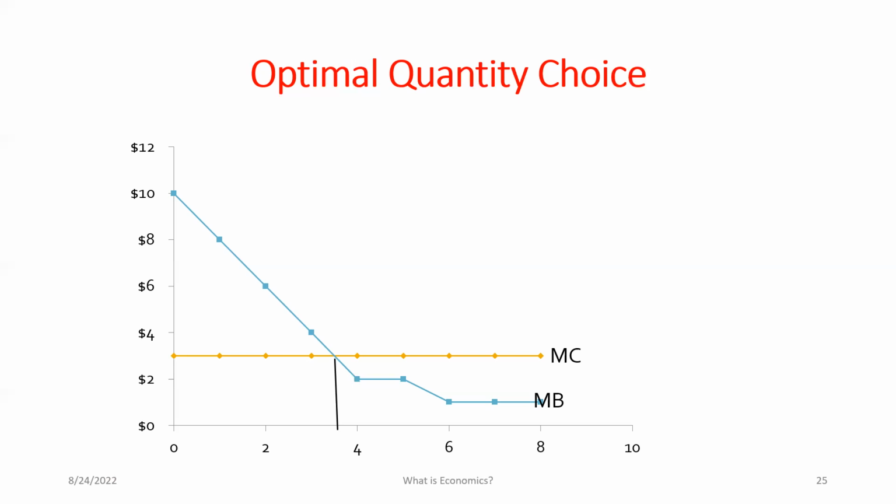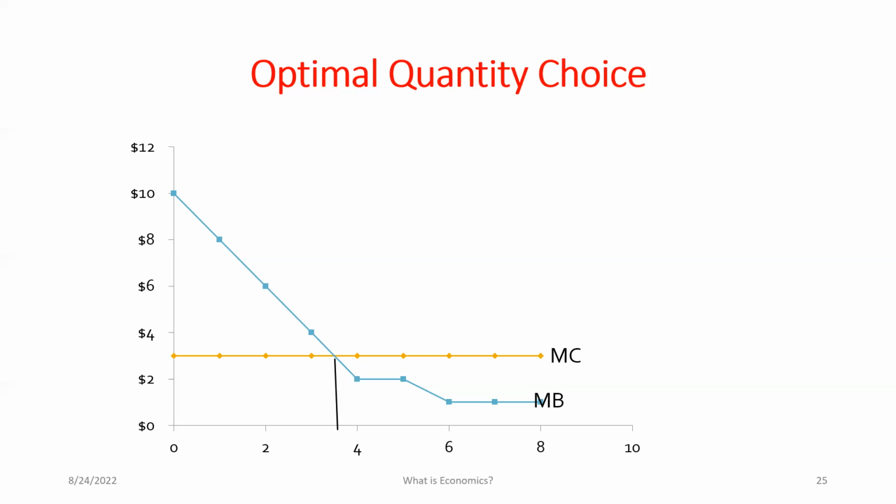We include that equal to in a situation like this, right? If we broke this down into further units, this would be the very last beer that I consume. But in this example, I guess if I could buy half a beer, maybe I would do that here, right? But I can only buy in integers, right? 3 beers, 4 beers, 5 beers. So for that third beer, the marginal benefit is greater than the marginal cost, so I consume that.